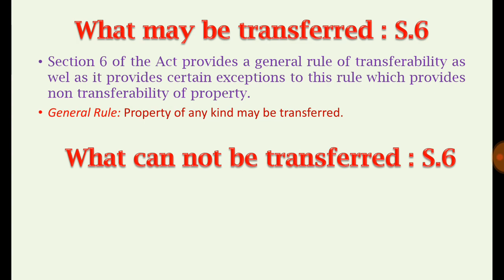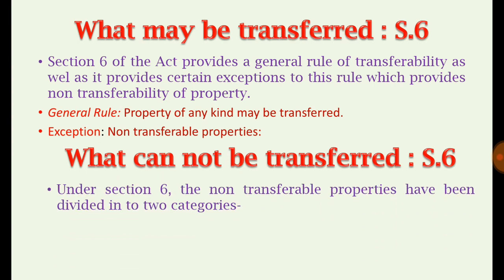Those properties which are mentioned in the exceptions or in the explanation of section 6 cannot be transferred. That exception provides what properties cannot be transferred. Under section 6, the non-transferable properties have been divided into two categories.